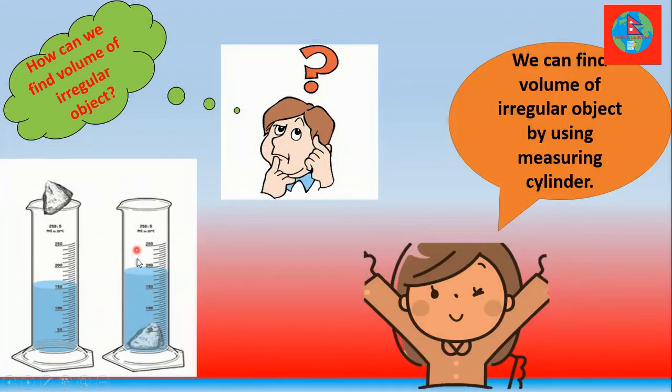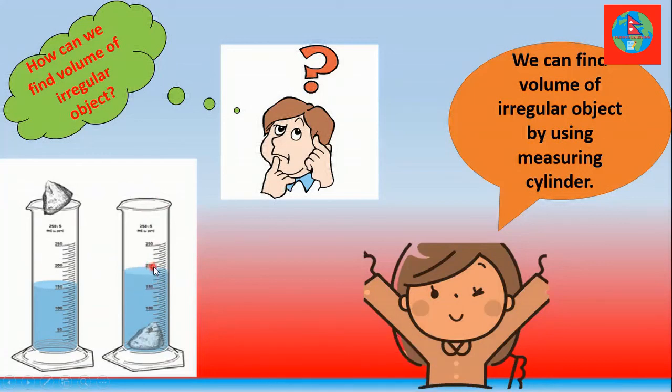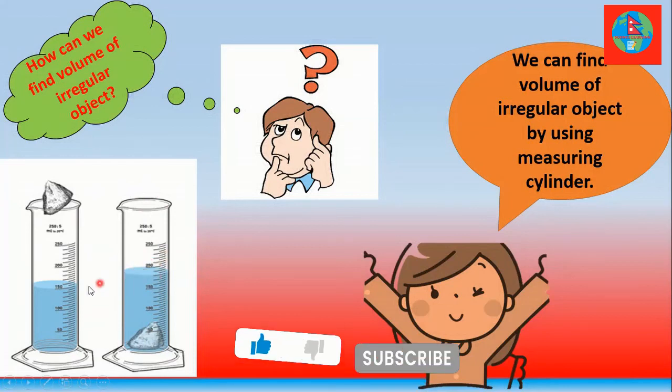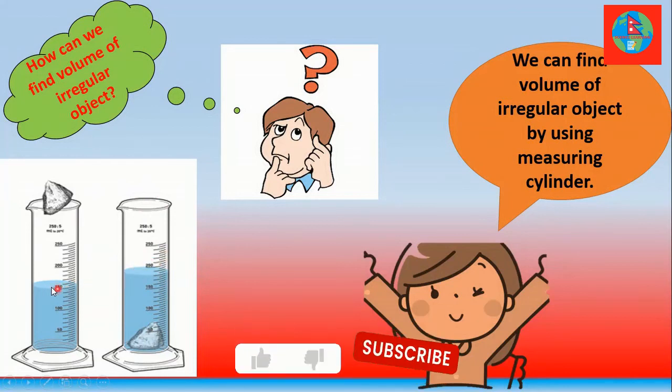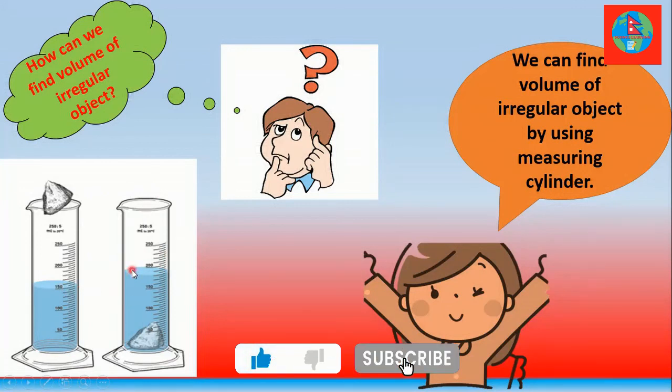Then you put the irregular object in, and the water level rises. Here the water level is below, and here the water level is above. By subtracting the initial volume of water from the final volume of water, we easily find the volume of the irregular object.